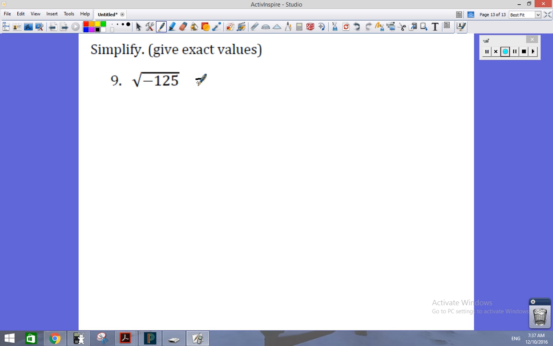Let's take a look at this one. Same direction, same idea. We see the negative sign, square root of negative 1. We have the square root of 125, and we break that down, and we see that 25 times 5, the biggest perfect square that divides 125 is 25, and you may have to play around with that on a calculator.